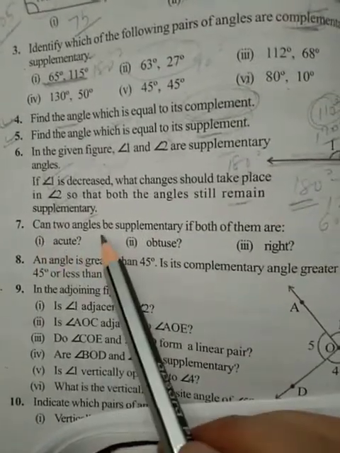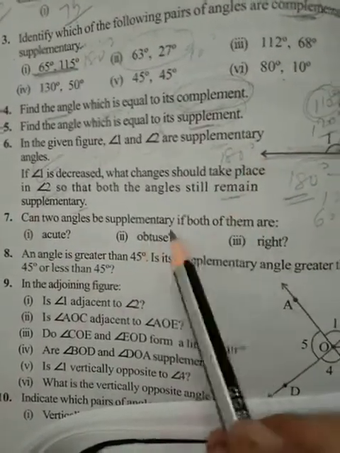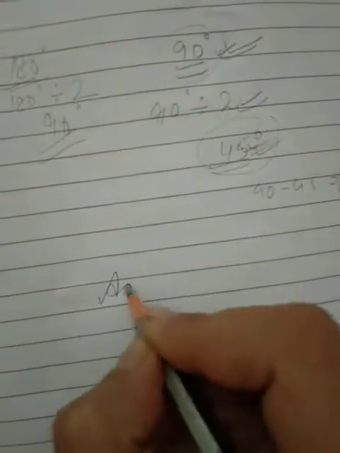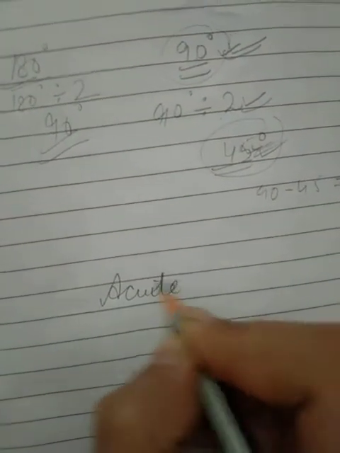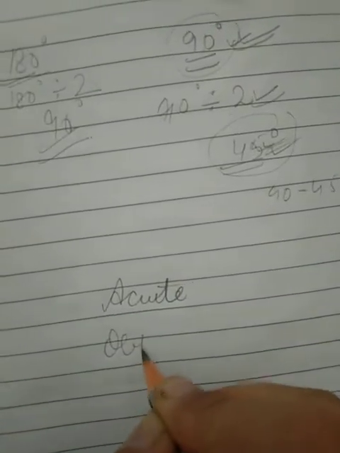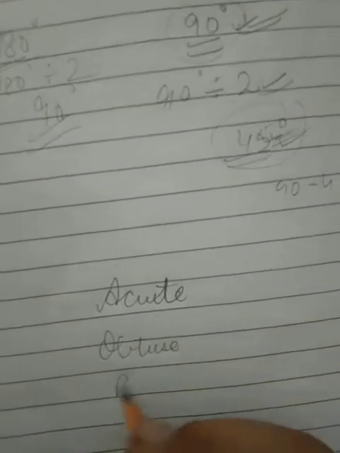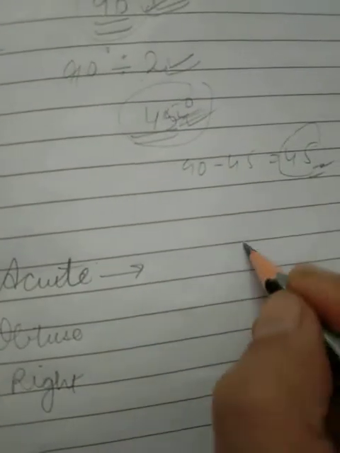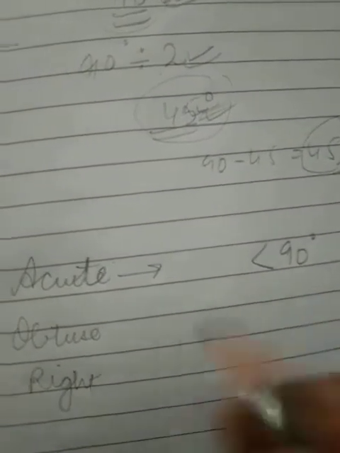Can two angles be supplementary if both of them are acute? Now, what are acute angles? Acute, obtuse and right. Acute angles are those whose values are less than 90.